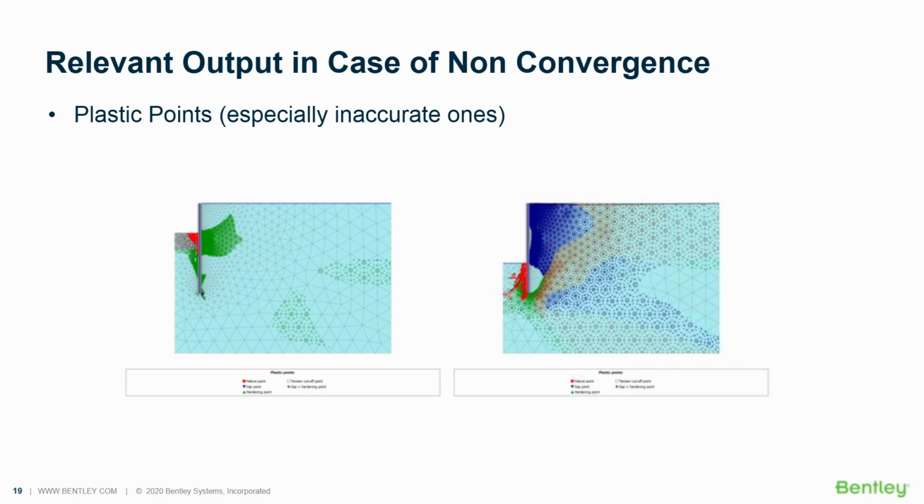The second one on the right is different. The failure seems to be driven by shear, as you could see from the large development of failure points.